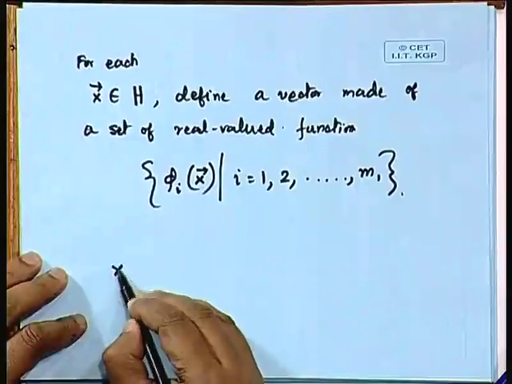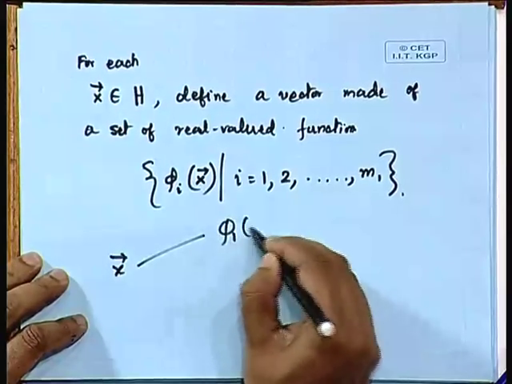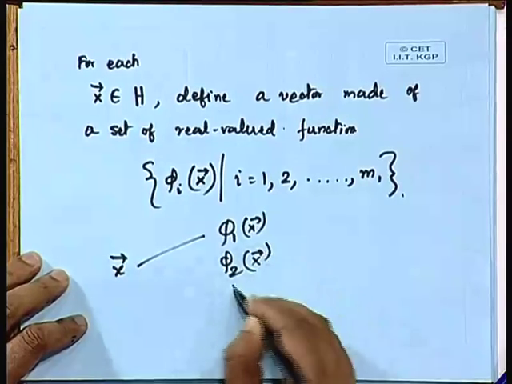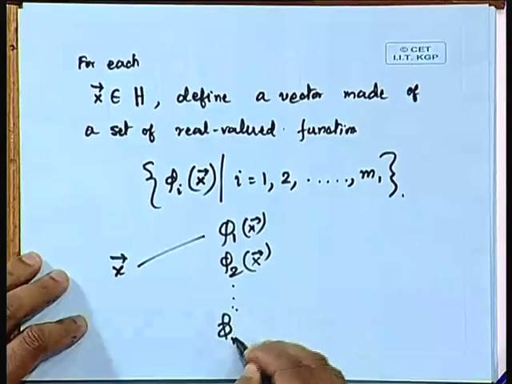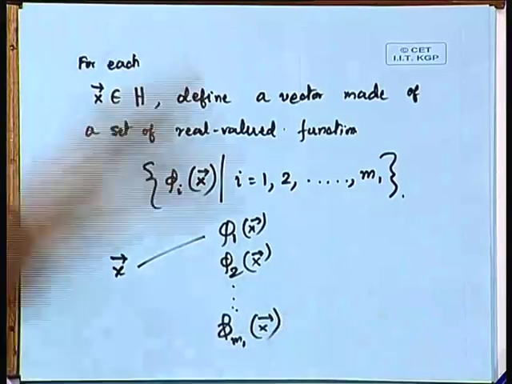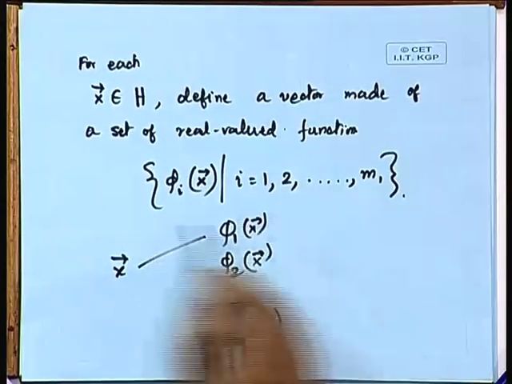And with this set of functions, we can map x into phi x. Given some x, it can be mapped into phi 1 x, phi 2 x, and so on up to phi m1 x.